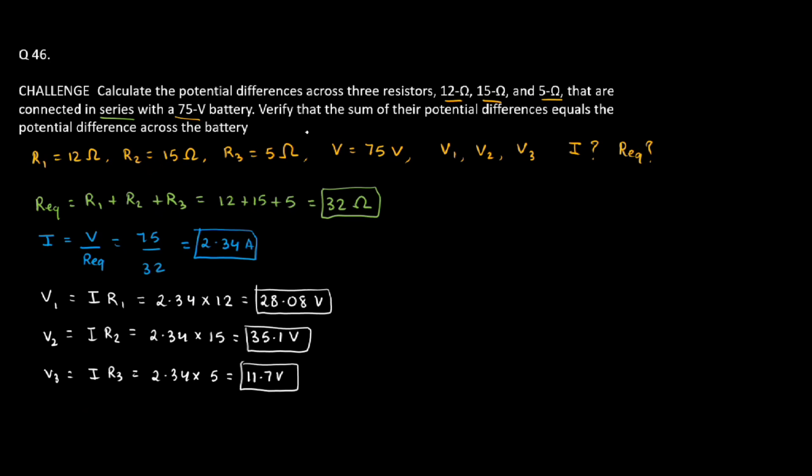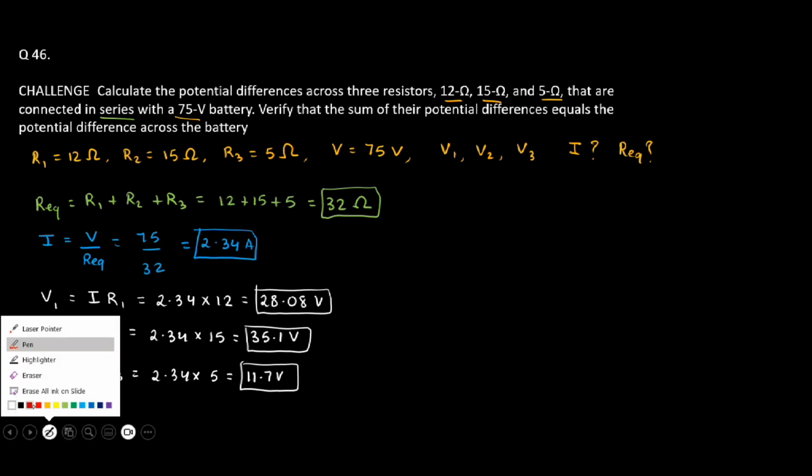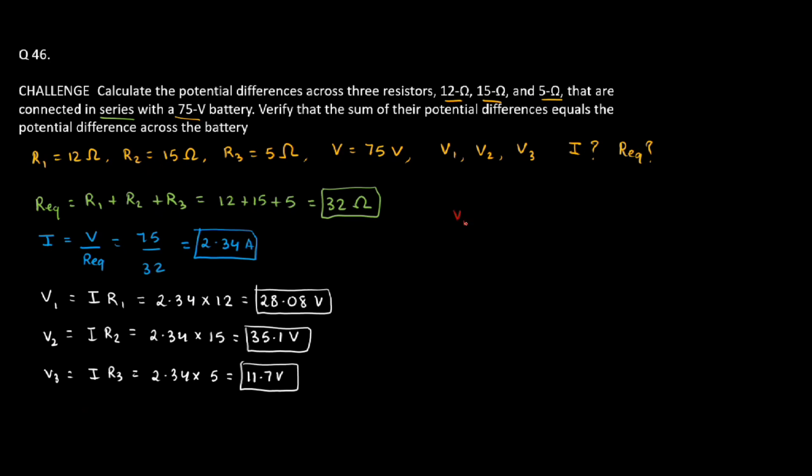The final part of the question is asking us, verify that the sum of the potential differences equals the potential difference across the battery. So we need to verify that V1 plus V2 plus V3 will give us the potential difference of the battery. So let's add them. 28.08 plus 35.1 plus 11.7.